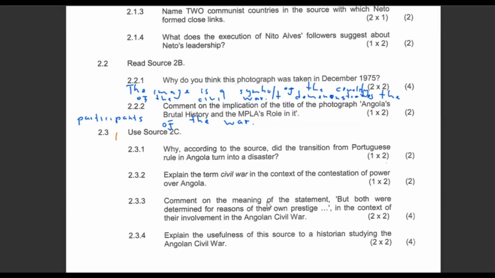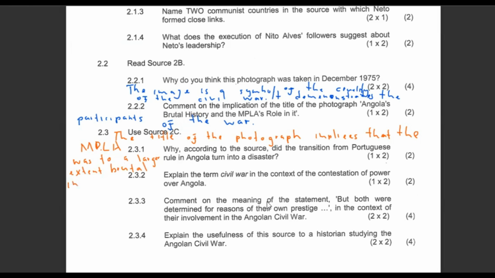All right, the title of the photograph implies the MPLA was, to a larger extent, brutal in the war. All right, that is the implication of the title.